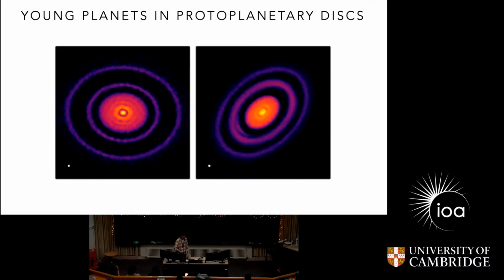And in particular, if we zoom in on, for example, two of these systems, you see these are two disks with gaps and rings, and if we want to understand whether there are planets or not here, what we usually do is to say, okay, if there's a planet forming in this disk, what the planet would do would be to carve a gap. So basically to dig a gap inside this disk.